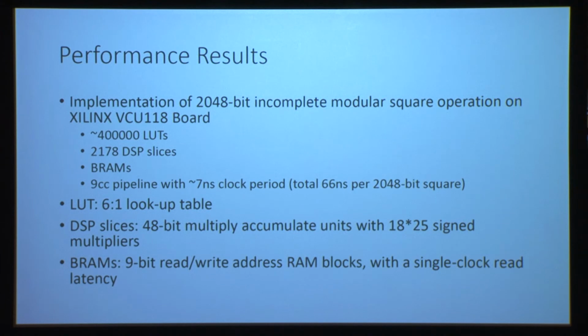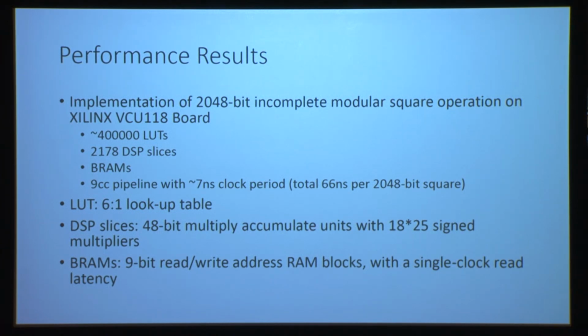So performance results: we did a proof of concept implementation using FPGA, the Xilinx VCU118 board, close to 400,000 lookup tables. Well, this lookup table is not the one that I was talking about. Lookup table is a 6-to-1 lookup table inside the FPGA. These are the building blocks of the FPGA. There are the DSP slices inside the FPGA, which has 48-bit multiply accumulate units.